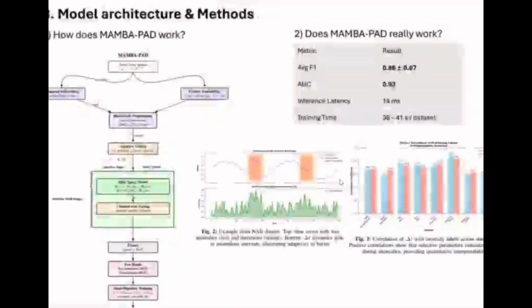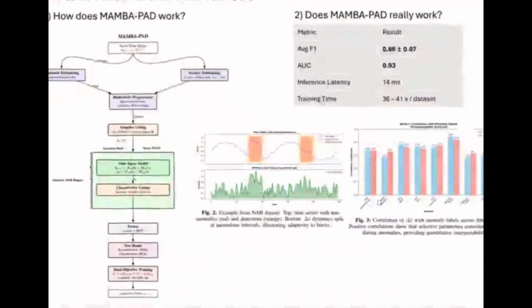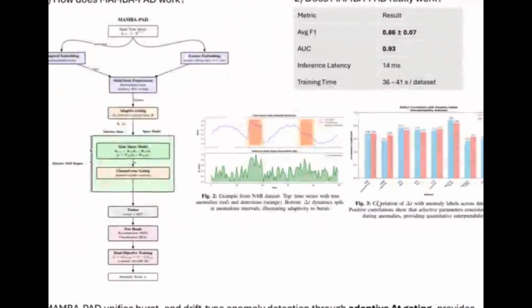Across these datasets, our model achieved an average F1 score of 0.86, plus or minus 0.07, and an AUC of 0.93, with only 14 milliseconds of inference latency and less than 1 minute of total training per dataset. It outperformed the best baseline on 6 of the 8 datasets. The improvements mainly come from adaptive temporal handling of slow drift in NASA telemetry, and channel-wise gating highlighting the correct sensors in ECG and temperature data.